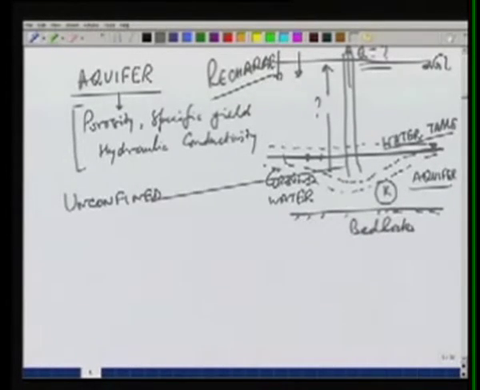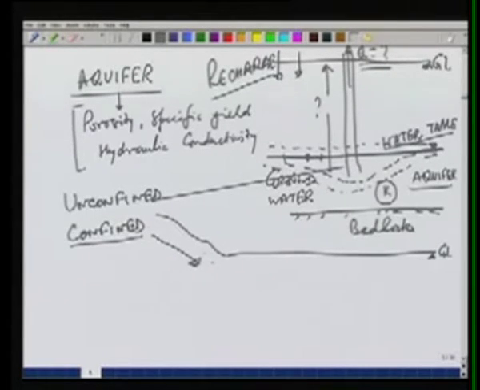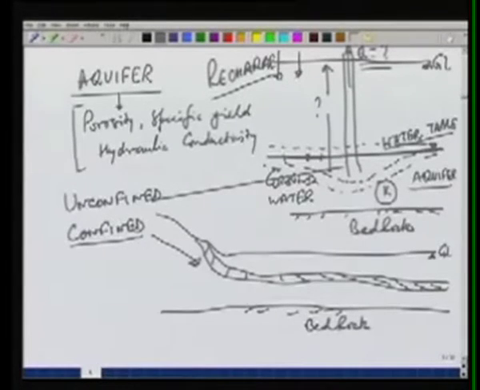And the behavior of this unconfined aquifer is very different from the other kind of aquifer which we call confined. In confined aquifers, if this is the ground level, we may have a layer of impermeable material, so this is the bedrock, or there may be another impermeable layer below this, but this impermeable layer confines the water.